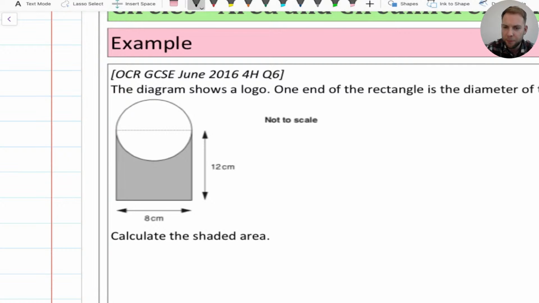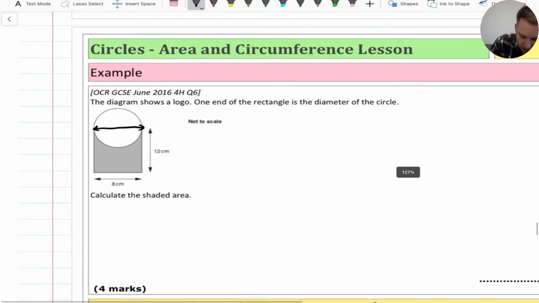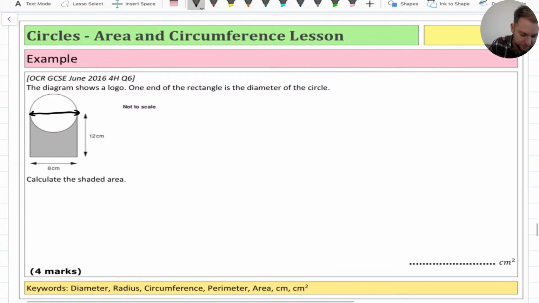Now, the first thing people might say is, well, I don't know any parts of that circle. However, we know, because it's touching both sides, that this is also 8 centimetres here. Get this one down in your notes, please. So this here is also 8 centimetres. We know that.